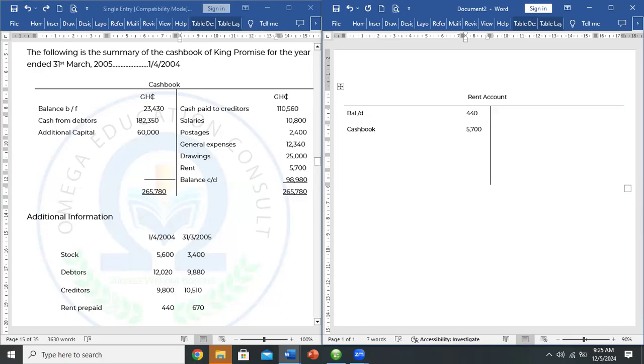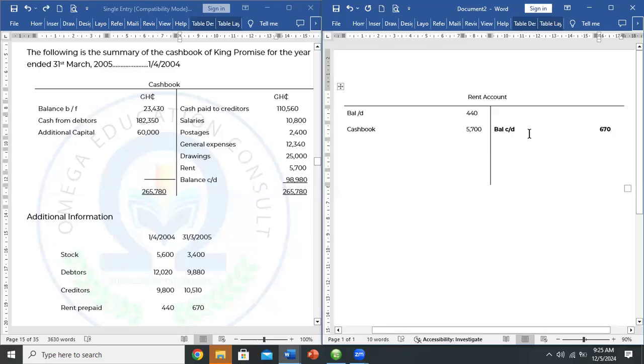What is left is the closing balance. Do we have closing balance? Yes. How much? 670. What is it? A prepayment. So prepayment closing balance is an asset, but it's supposed to be carried down at the credit side, 670. Okay.